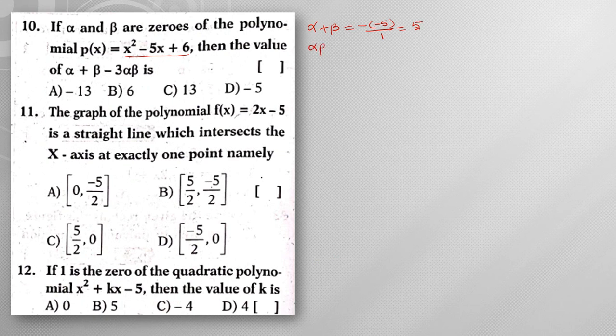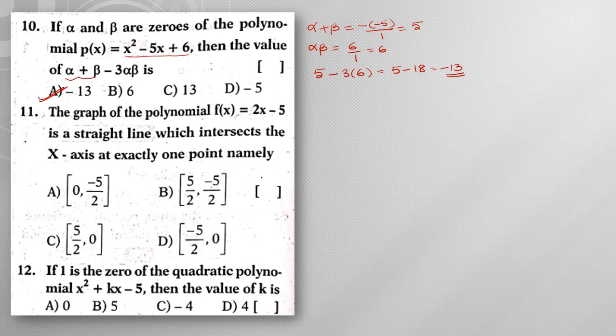In the same way, the product of zeros, alpha into beta, is the constant term by x square coefficient, which gives me 6. Now on substituting the values, alpha plus beta minus 3 times alpha into beta is 5 minus 3 times 6. 3 sixes are 18, so 5 minus 18 is minus 13. Hence the answer is minus 13.